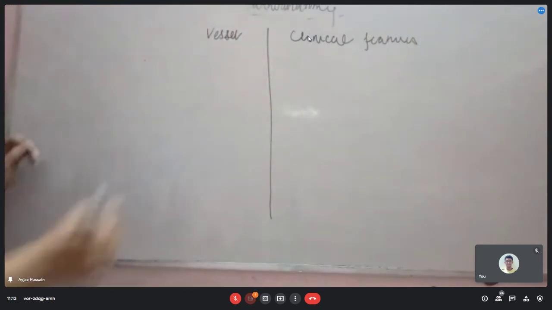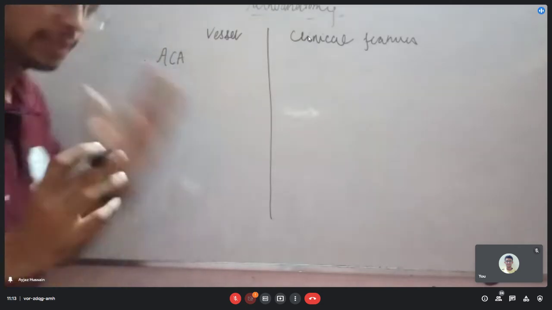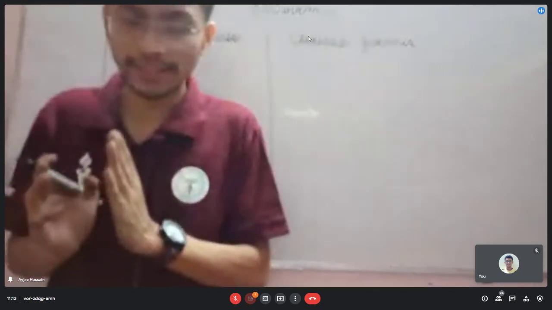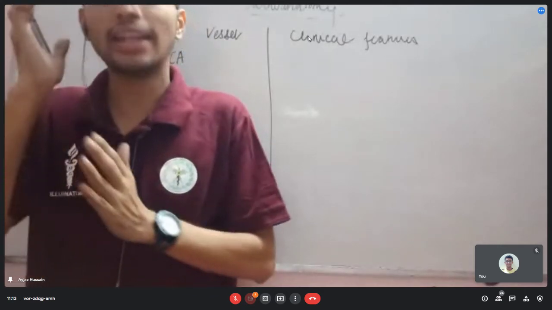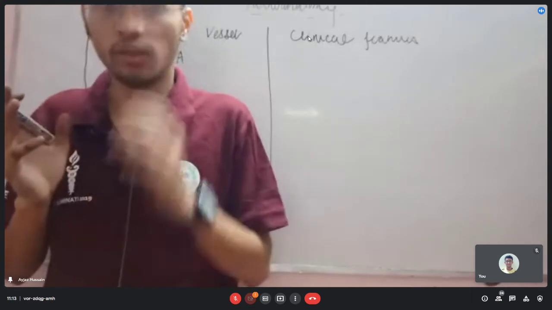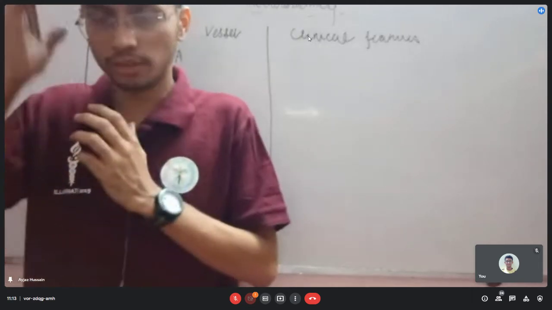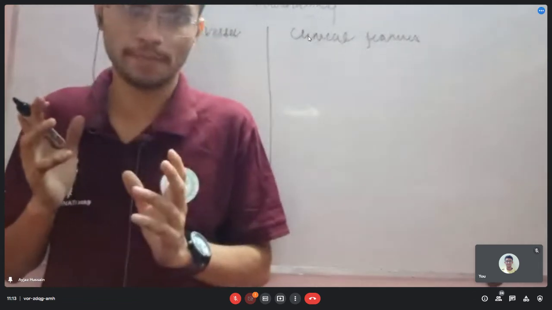Now, what happens if the anterior cerebral artery is involved? We know that the anterior cerebral artery predominantly affects the middle part of the medial surface of the cerebral hemisphere and less of the lateral hemisphere. From neuroanatomy, we also know that the medial part has more of the lower limb supply.